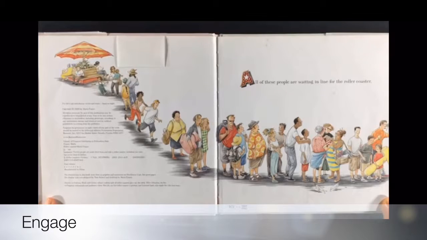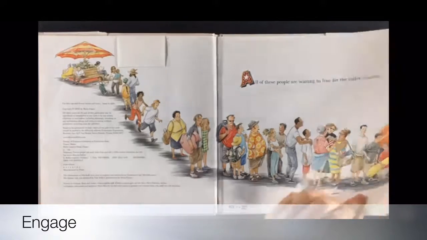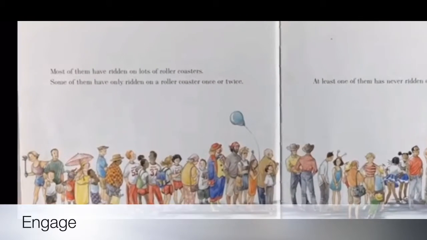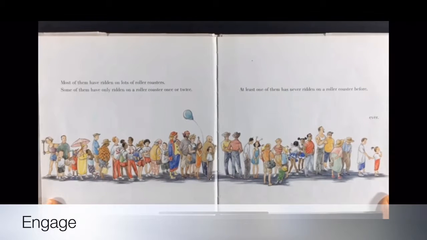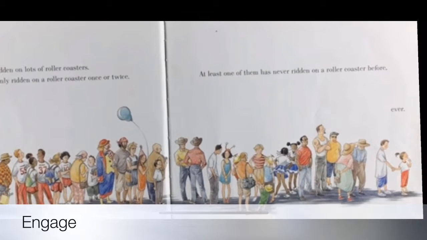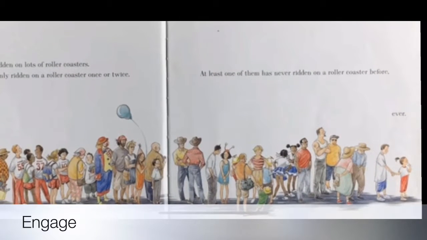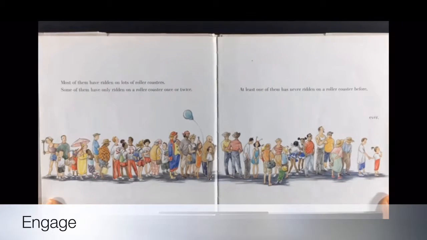All of the people are waiting in line for the roller coaster. Most of them have ridden on lots of roller coasters. Some of them have only ridden on a roller coaster once or twice. At least one of them has never ridden on a roller coaster before. Ever.